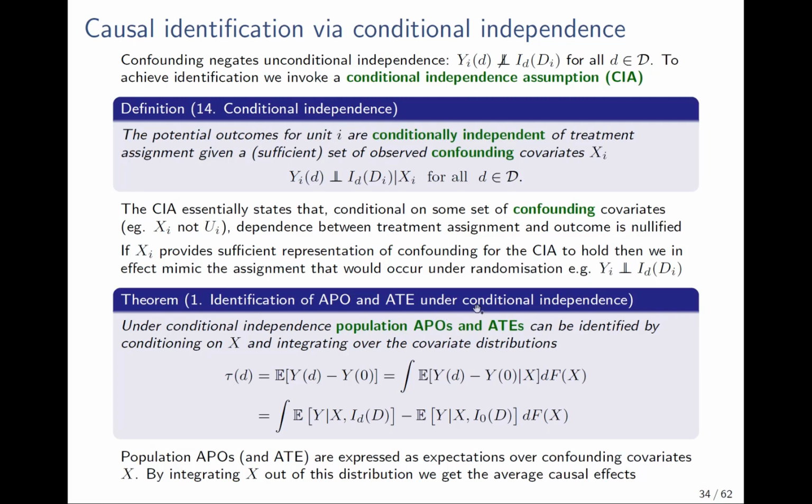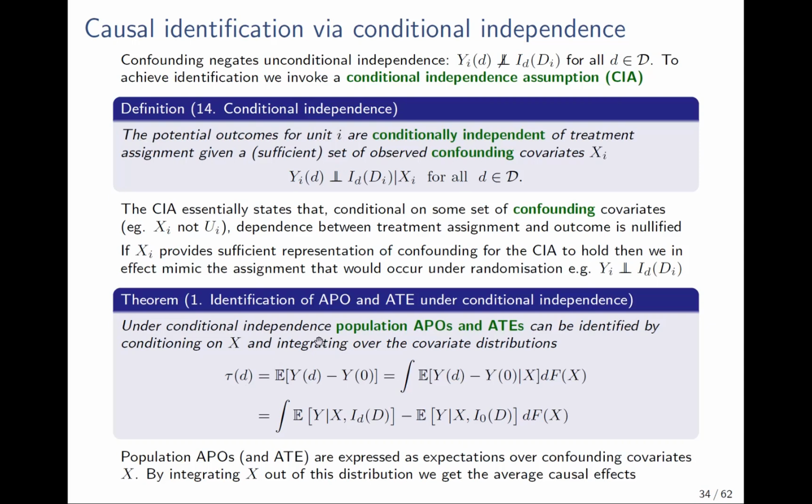And this theorem here states that very simply. Under conditional independence, the population average treatment effect and the population average potential outcome can be identified by conditioning on x and integrating over the covariate distribution. So this is the estimand of interest, the average treatment effect, that we want to identify.